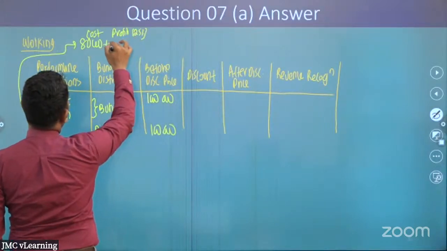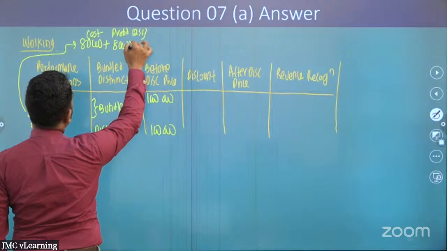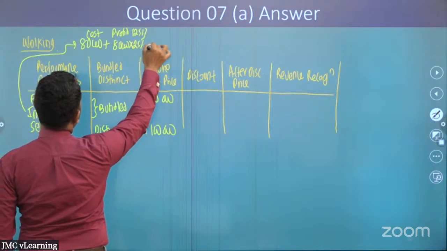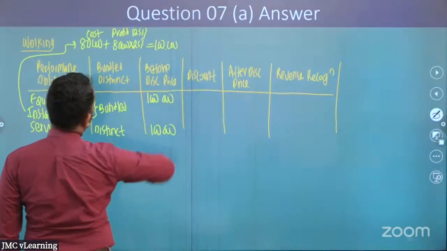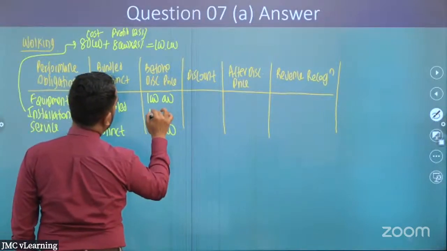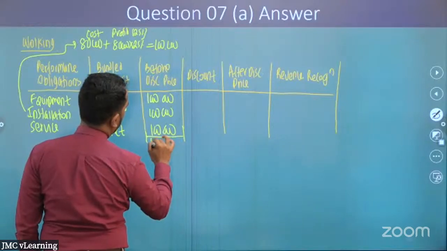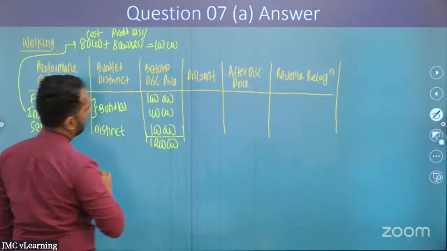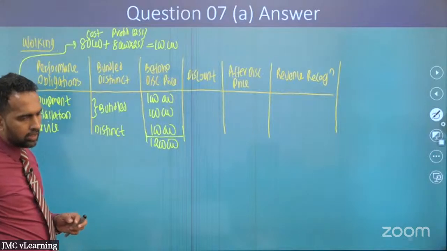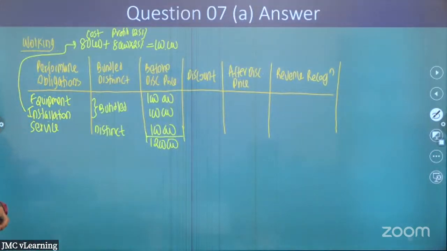Then what? 80,000 plus 80,000 into 25%. So it will be again 100,000. So installation is 100,000. So how much is the total? 1.2 million is the total value without discount.